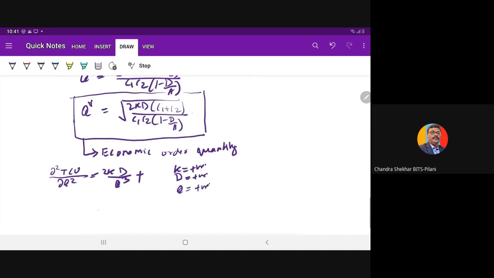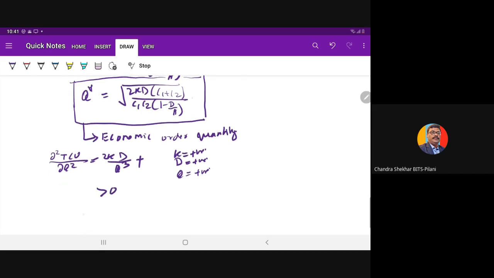So this is greater than 0, which implies that here we have the minima.